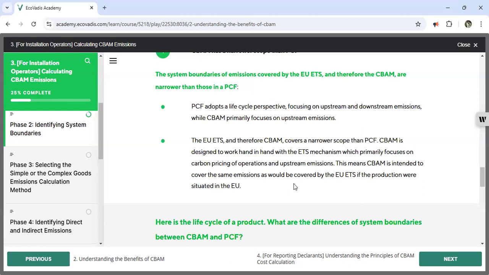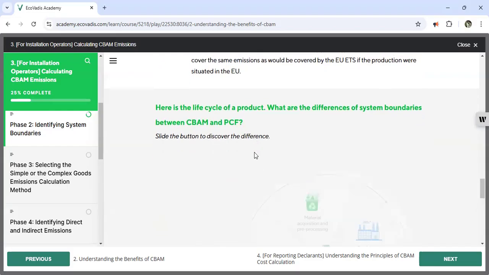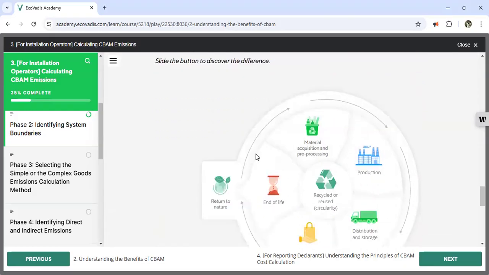CBAM is designed to work hand-in-hand with the ETS mechanism, which primarily focuses on carbon pricing of operations and upstream emissions. This means CBAM is intended to cover the same emissions as would be covered by the EU ETS if the production were situated in the EU. Here is the life cycle of a product. What are the differences of system boundaries between CBAM and PCF?